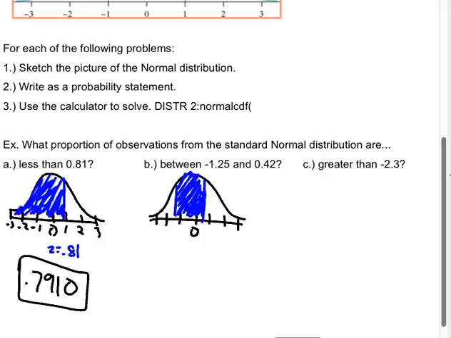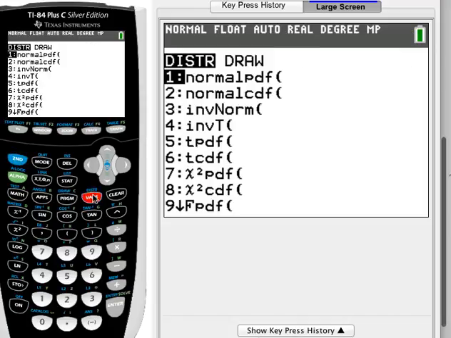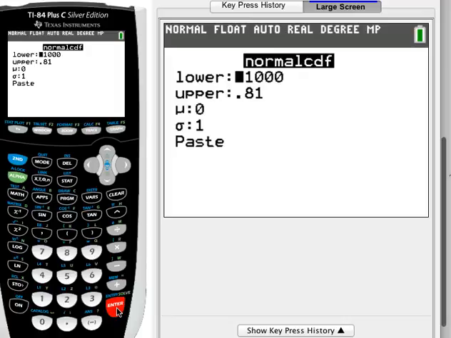How many or what percent of the distribution has z-scores between negative 1.25 and 0.42? That's going to be the same calculation. So go to distribution, normal CDF. This time, my lower bound is negative 1.25 up to 0.42. And we're talking about the standard normal curve.